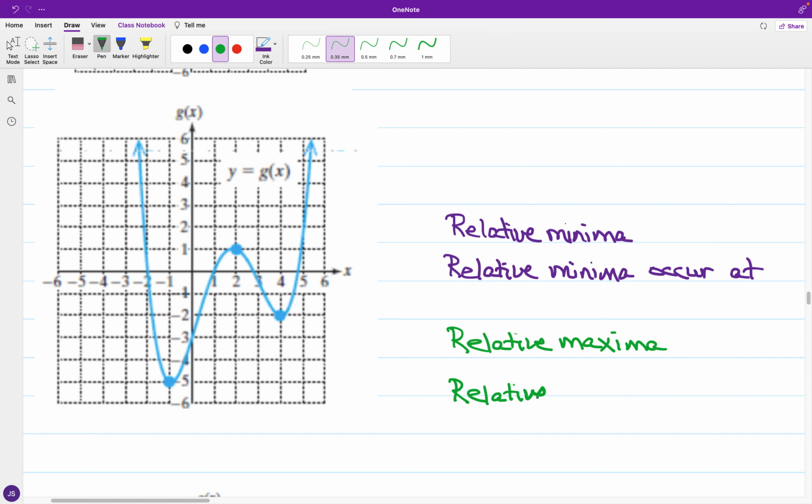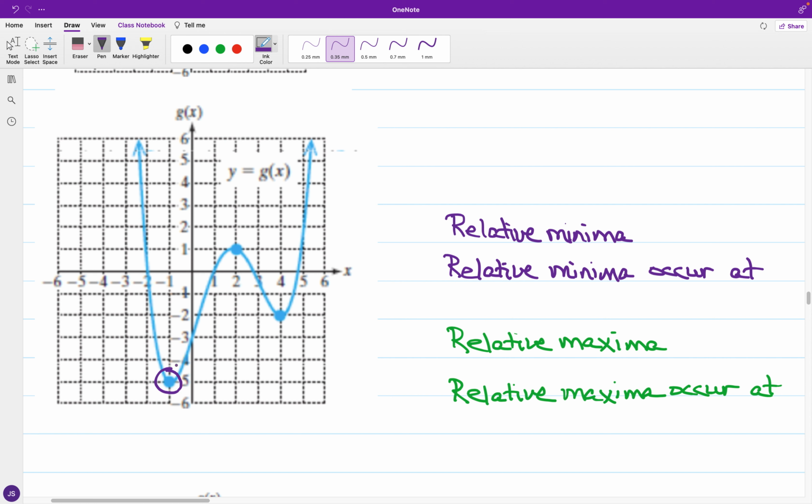Again, just doing a little bit of a refresh with the same graph. So again, relative minimum is where you're going to have bottoming out. We have a decrease followed immediately by an increase.